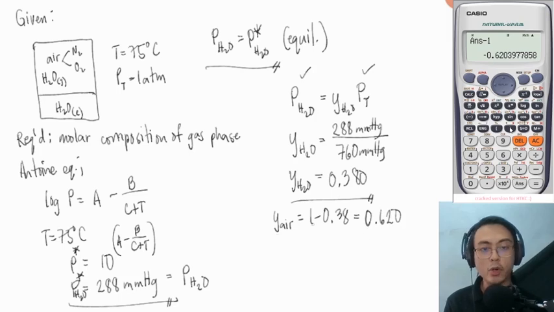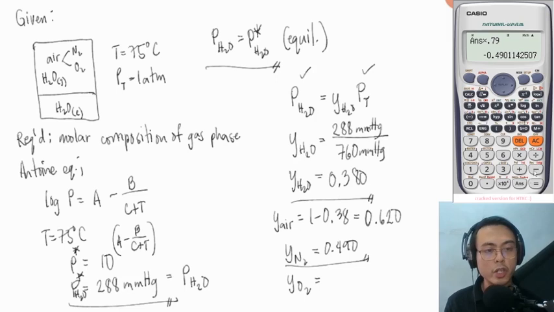And then, you know that air is 79% nitrogen and 21% oxygen. So therefore, you can get the mole fraction of nitrogen and oxygen. You simply multiply 0.62 times 0.79. That's 0.490.